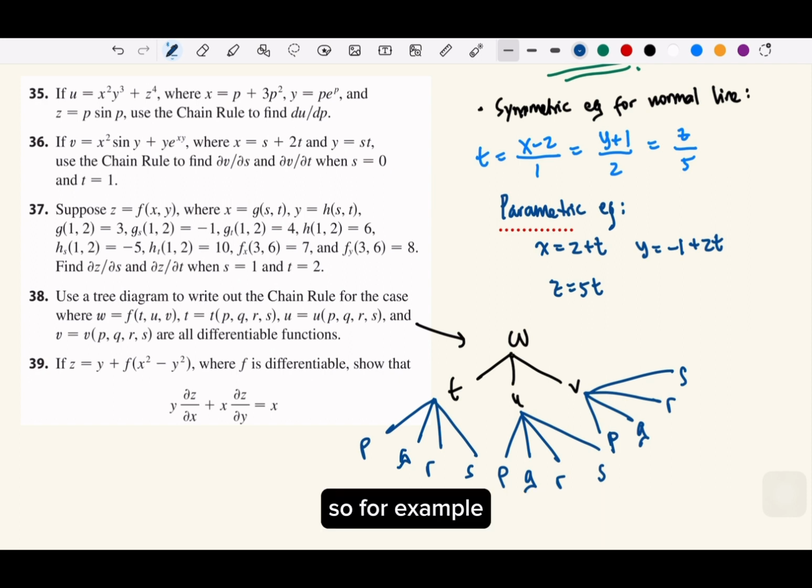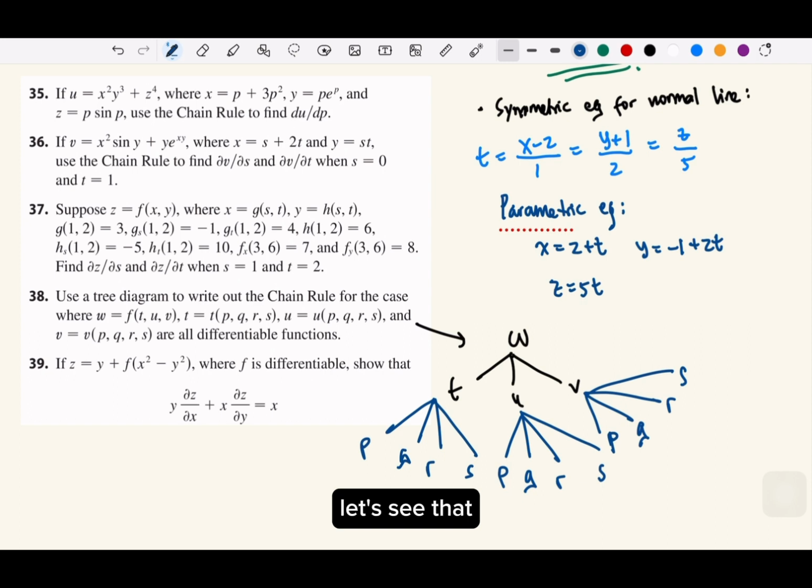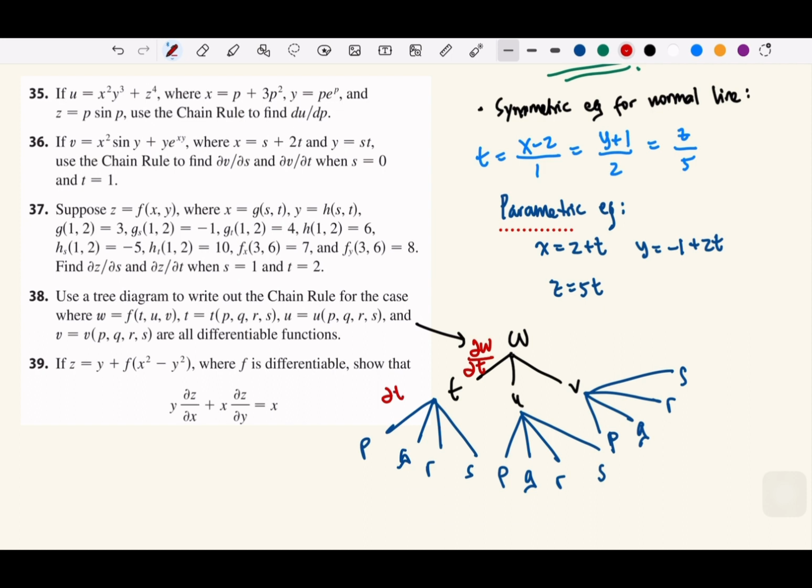For example, we find a path going through here, and we go here. Every time you get a line, this will be the partial of that function with respect to this. For example, here this one is partial t, and then this is partial p, like that.